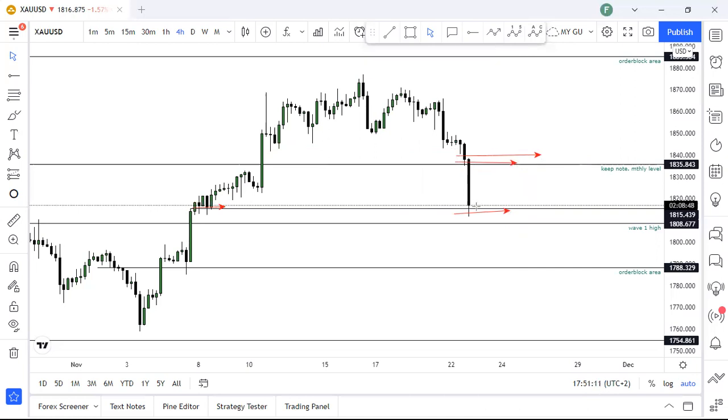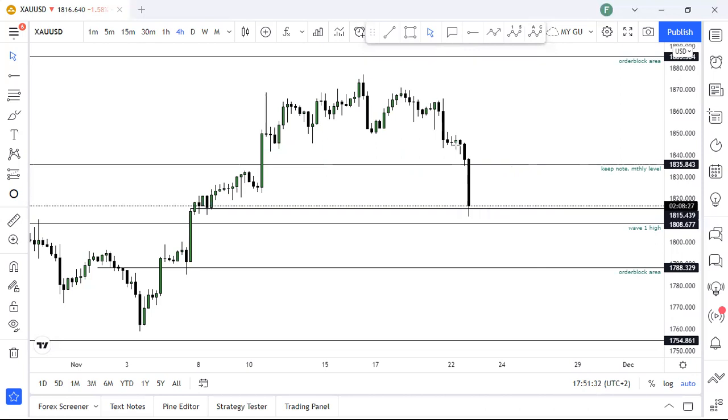The first target being this low still, and then the second target being this low. If price gives you a buying signal around this area, then buy it all the way to our monthly level, because that level is very important. And if that level is very important, price will want to retest it.